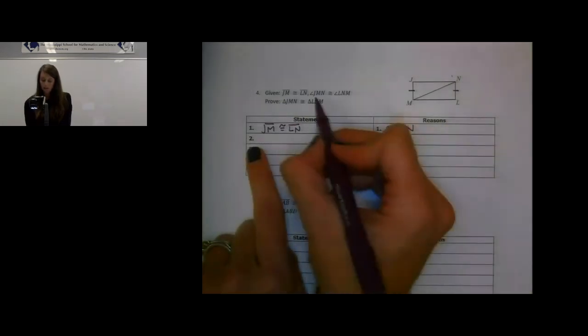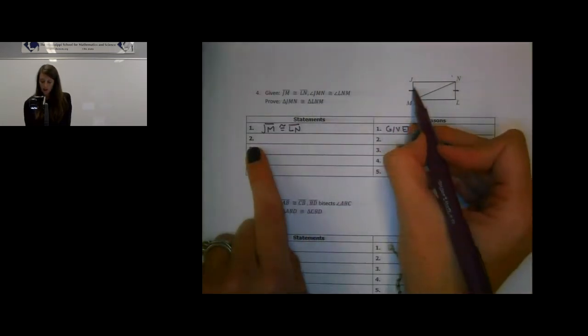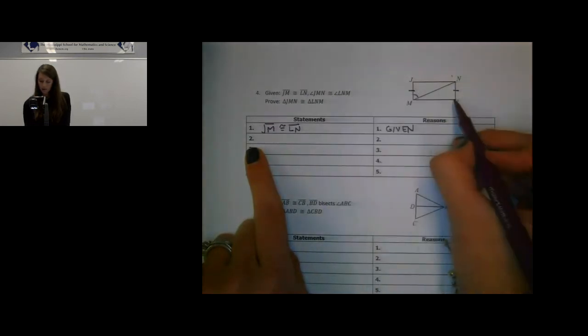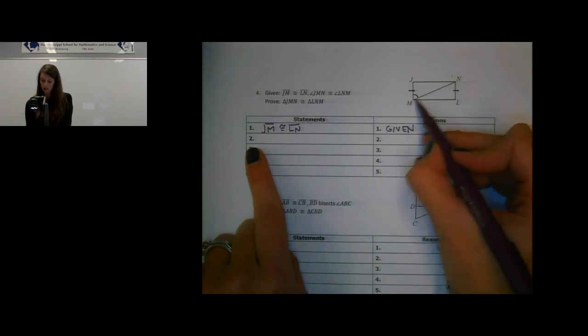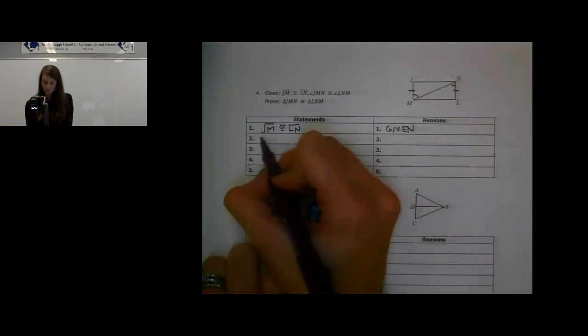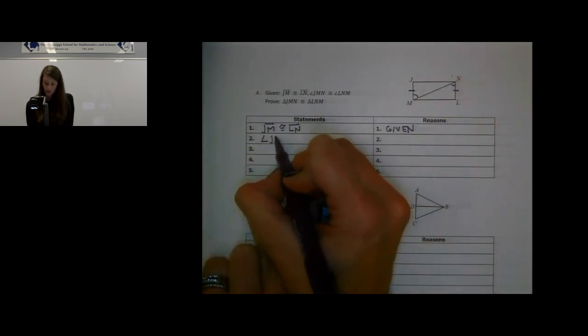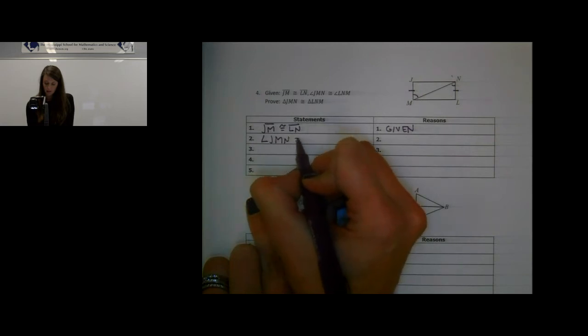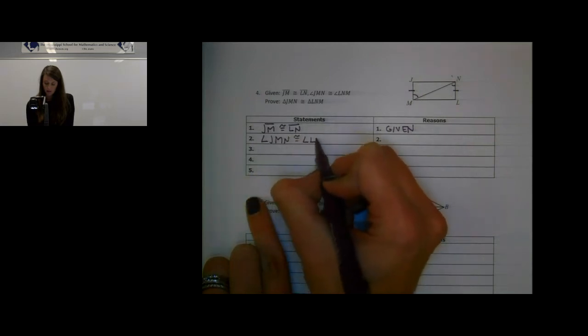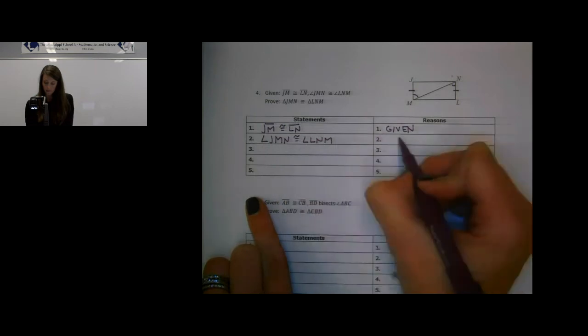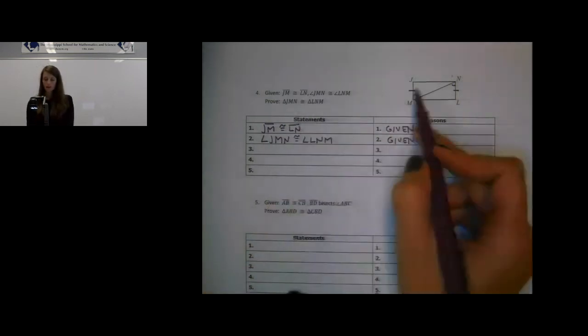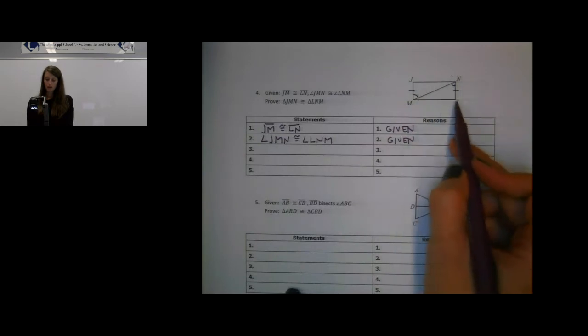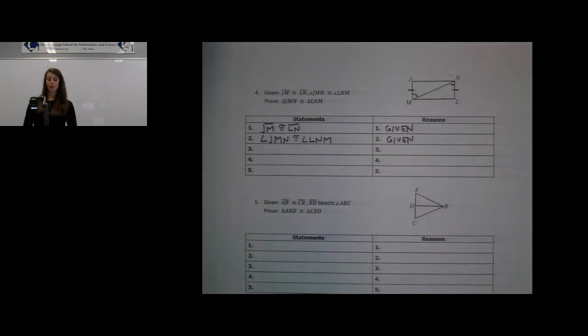If angle JMN is congruent to angle LNM, so that's this angle right here, so it's given to me, right? I want to prove that triangle JMN and triangle LNM are congruent.